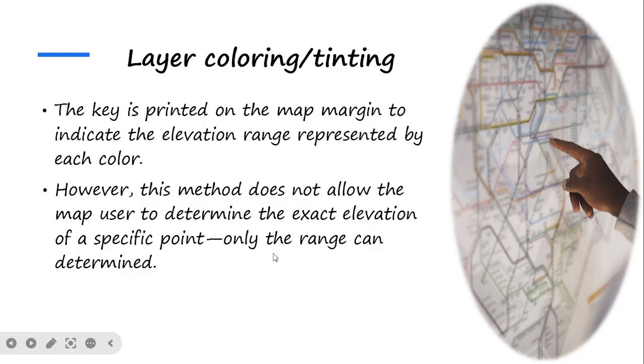Only the range can be determined. So layer coloring is specifically only for range determination of the various points. The map user is not easily able to determine the exact elevation of a given specific point. Moving on, the hatches.